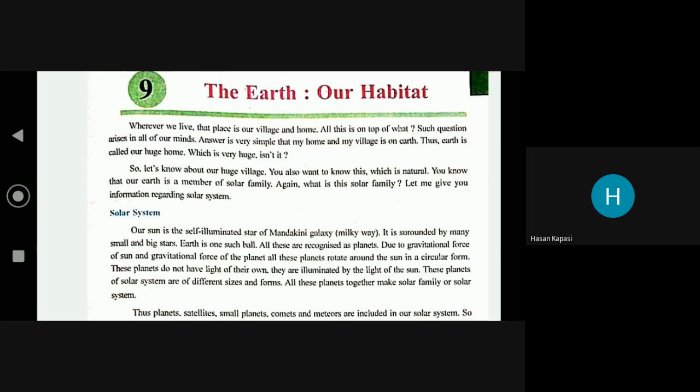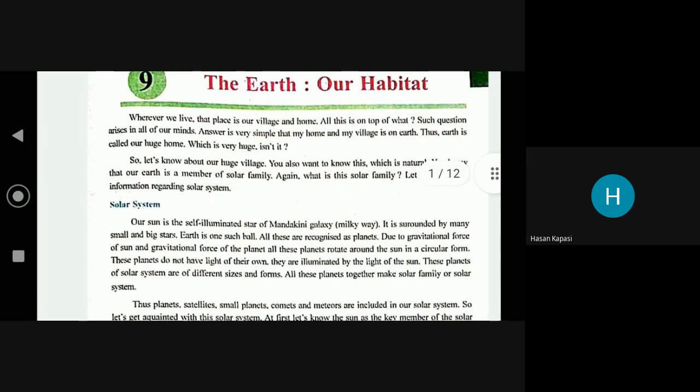It is surrounded by many small and big stars. Earth is one such ball. All these are recognized as planets. Due to the gravitational force of the sun and the gravitational force of the planet, all these planets rotate around the sun in a circular form.